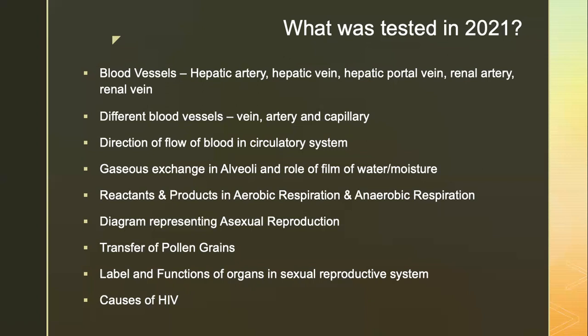Students need to be very familiar with the gaseous exchange in alveoli and the role of the film of water or moisture in the alveoli. Reactants and products in aerobic respiration as well as anaerobic respiration were also assessed.